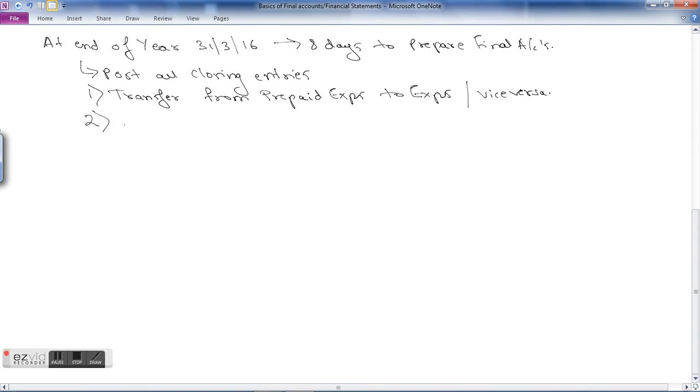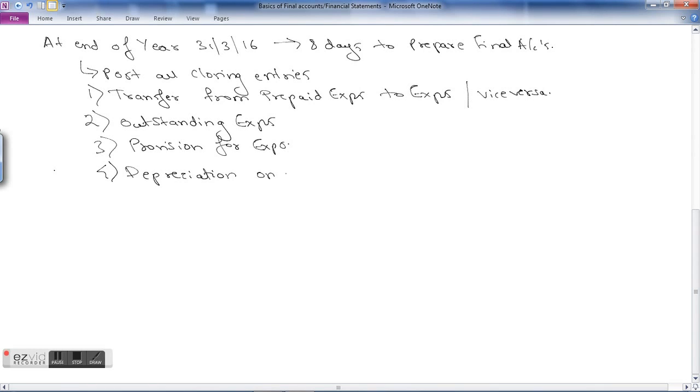Similarly for outstanding expenses. Then if any provision for expenses needs to be calculated and created, you post entries for provision for expenses. Then your depreciation entry: you calculate the depreciation on fixed assets and accordingly post the entry.